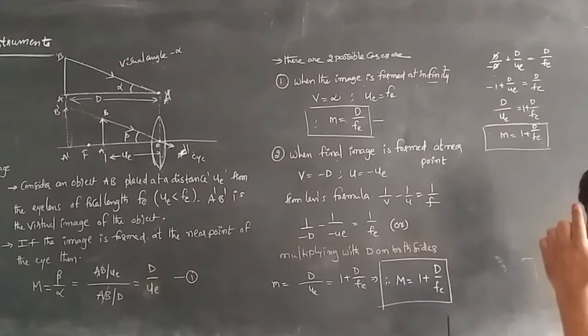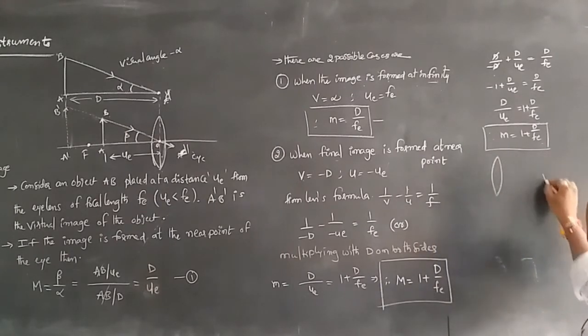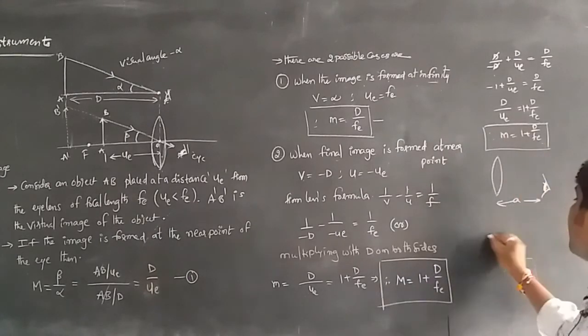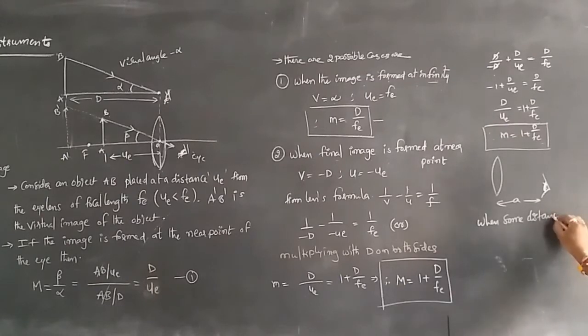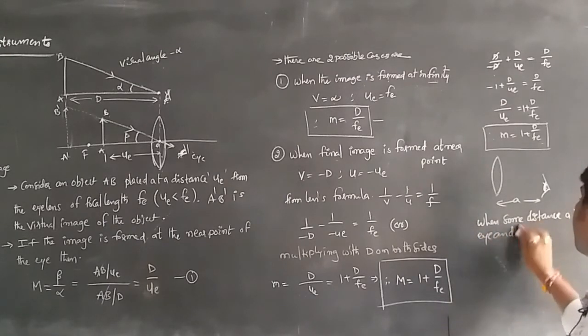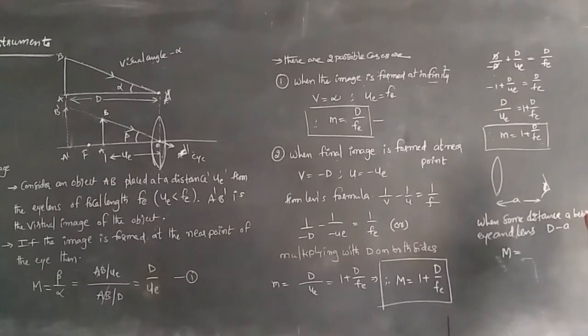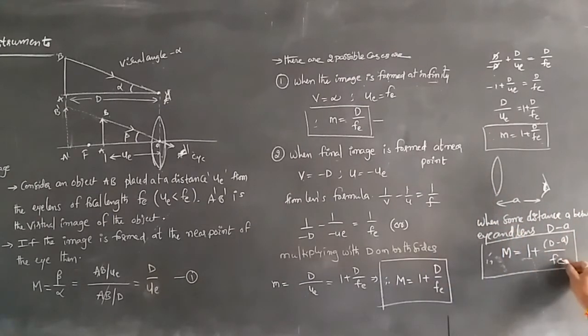If there is some distance a between the eye and the lens, then the magnification M is equal to 1 plus (D minus a) by FE, where FE is the focal length.